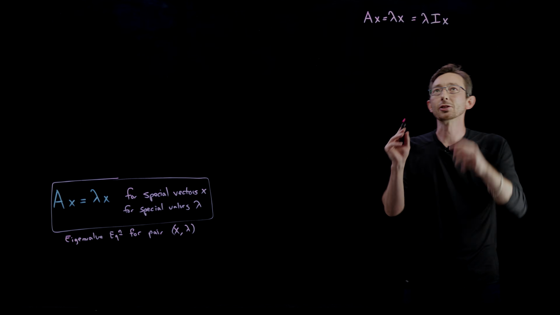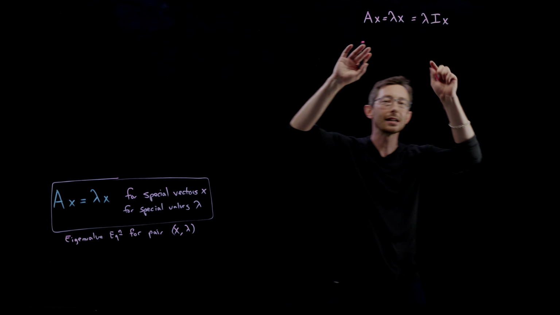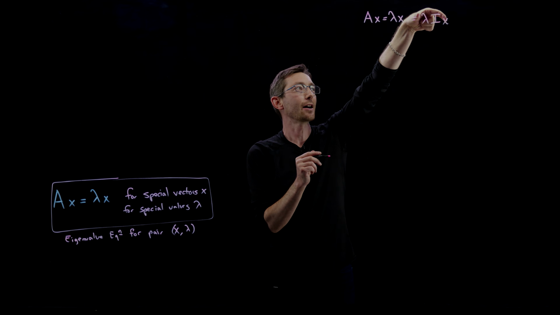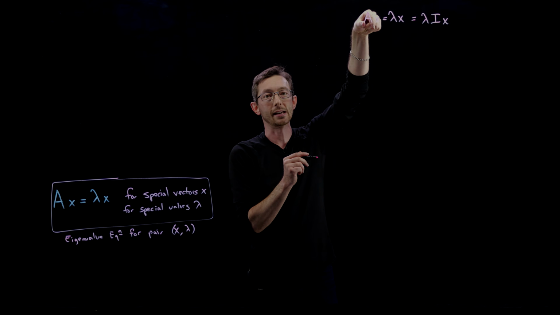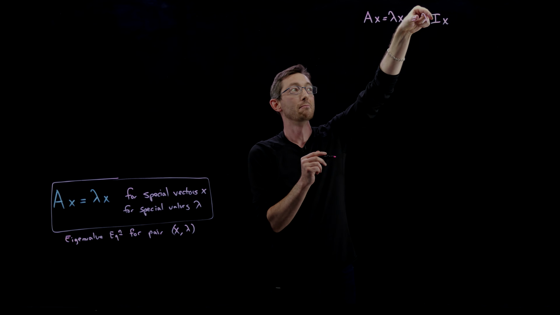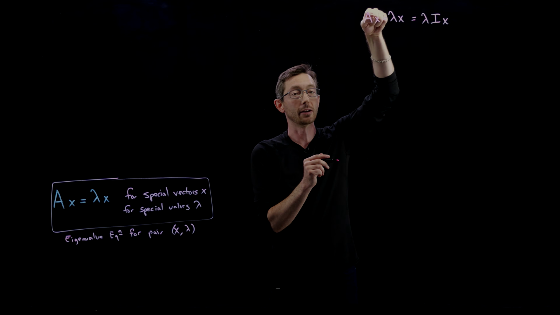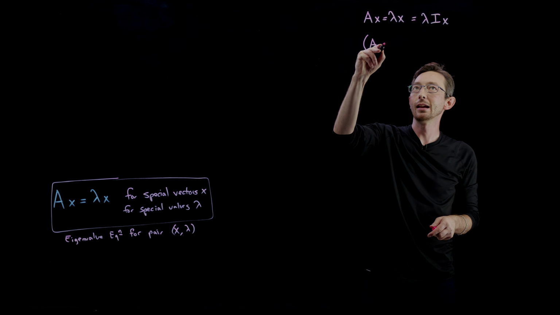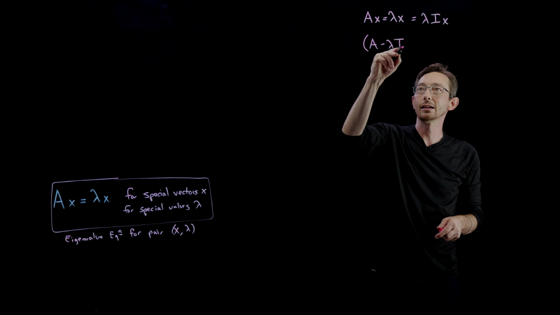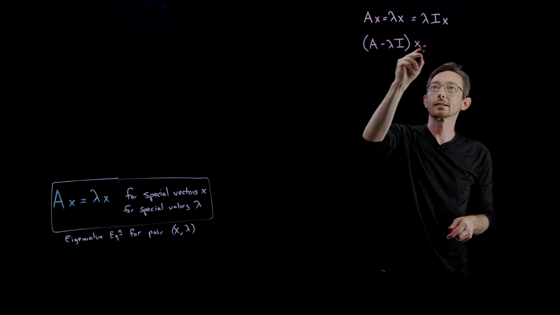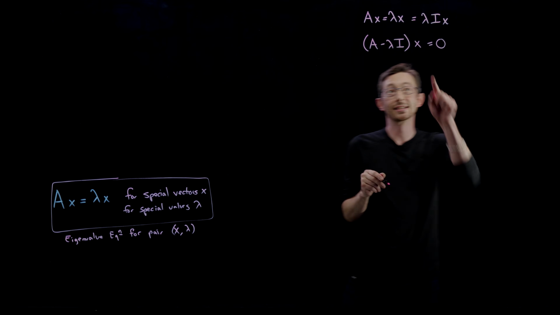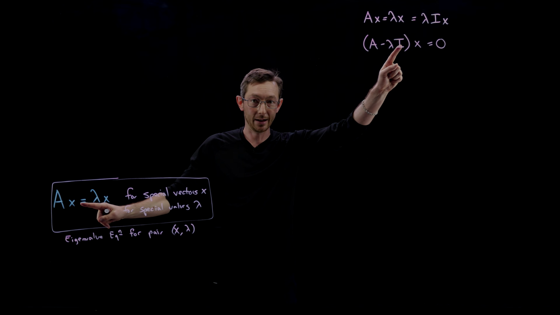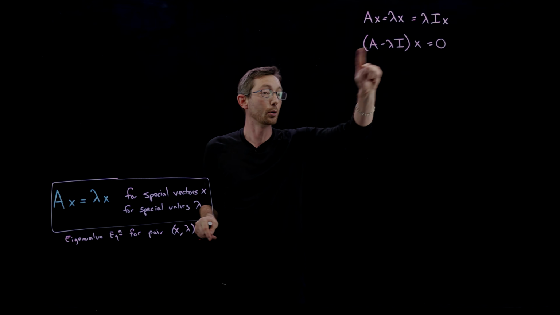The reason I'm doing this is because now I can move this over to the left-hand side, and I have matrix A, matrix lambda I times vector x. So I can move this over to the left-hand side and say A minus lambda times the identity matrix times x equals 0. This is equivalent to my eigenvalue problem here. This is an equivalent way of writing it.